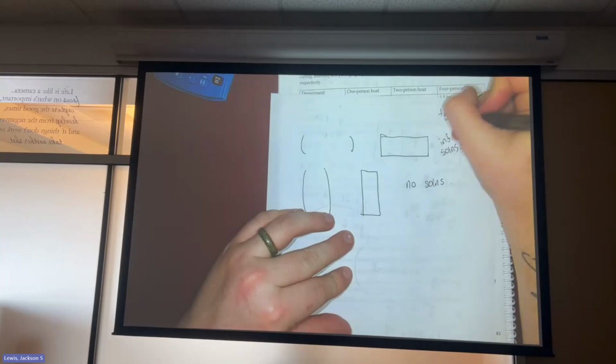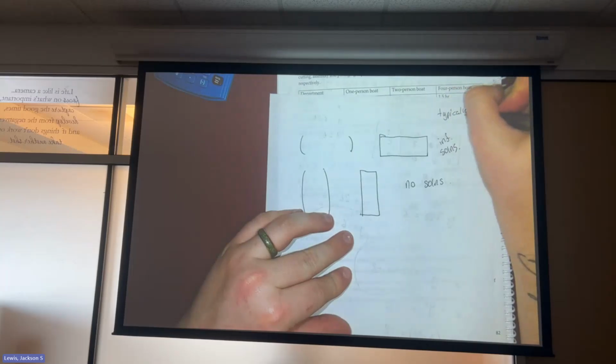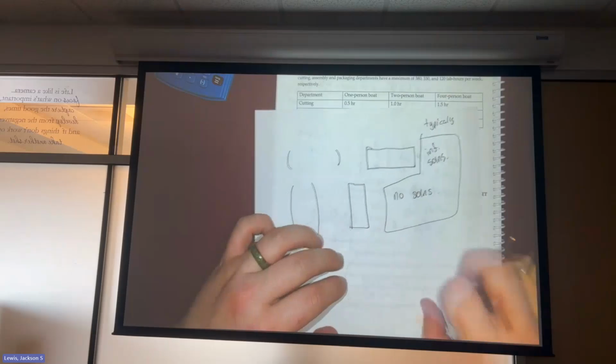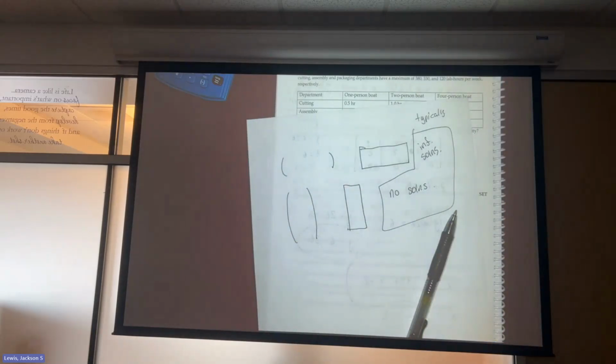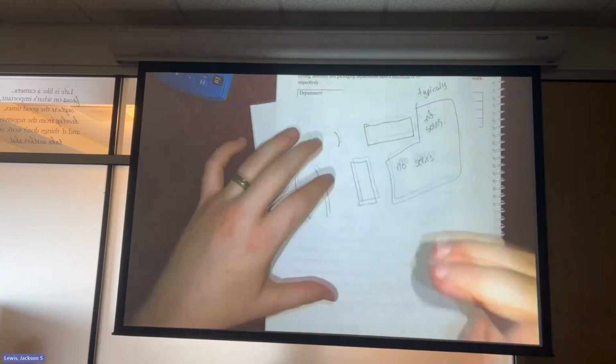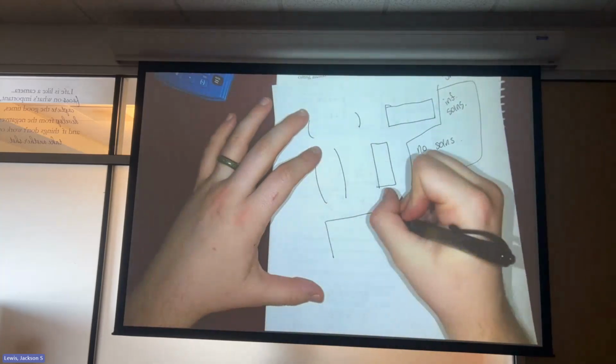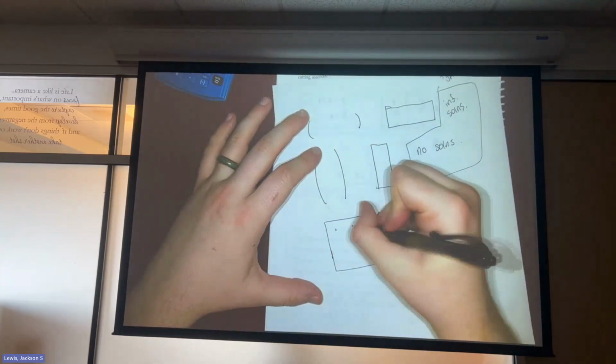So I'll say typically. Not always, but for the sake of this class, basically always. So if it's a long, wide rectangle, there's going to be infinite solutions. If it's a narrow rectangle, there's going to be no solutions. The only time that you get exactly one solution is if we have a perfectly square one.